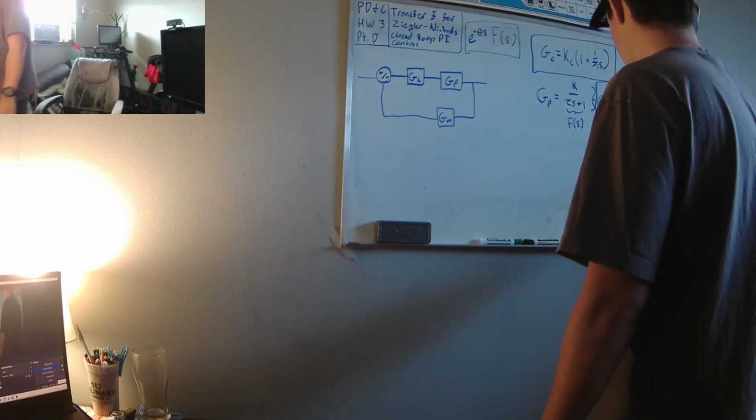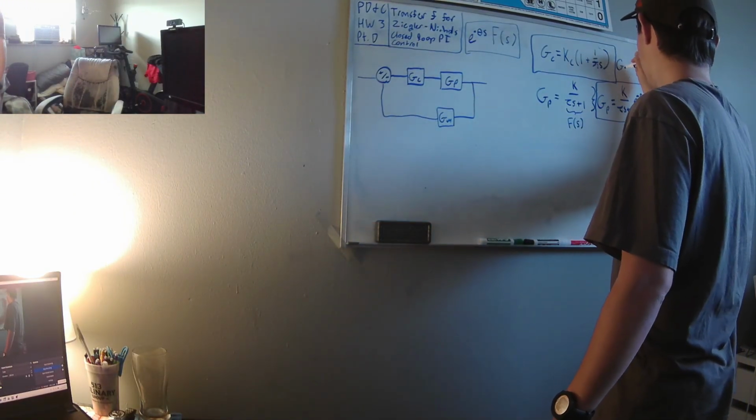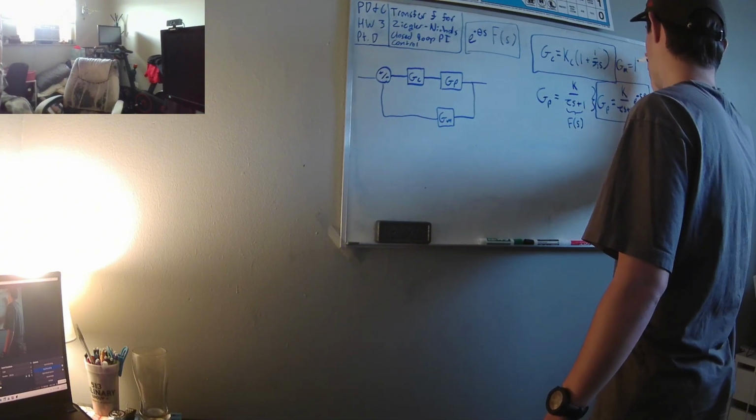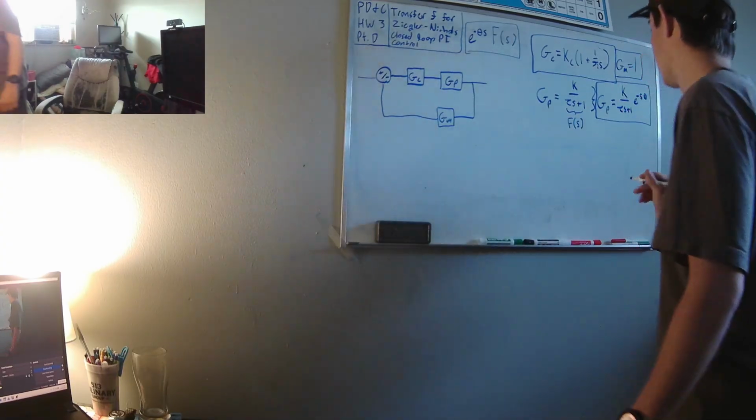And then finally our GM, we're going to keep that the same as we did before. We're just going to say that GM just equals 1 for our purposes today.